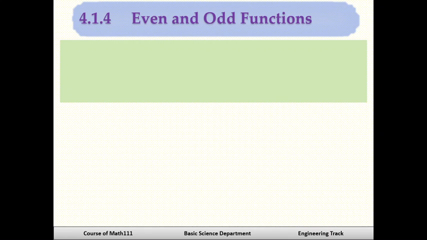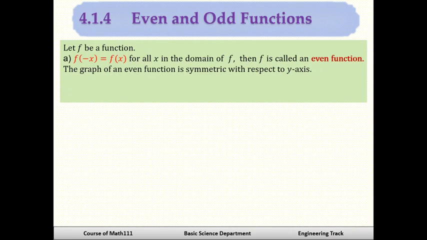Now, even and odd functions. Here are the definitions of them. If a function satisfies this property for all x values in the domain, then f is called even. The graph of an even function is symmetric with respect to the y-axis. It is kind of normal, because when you look at its graph, the y value corresponding to negative x and x are the same.